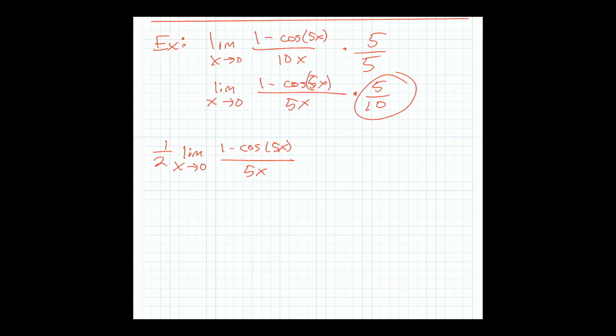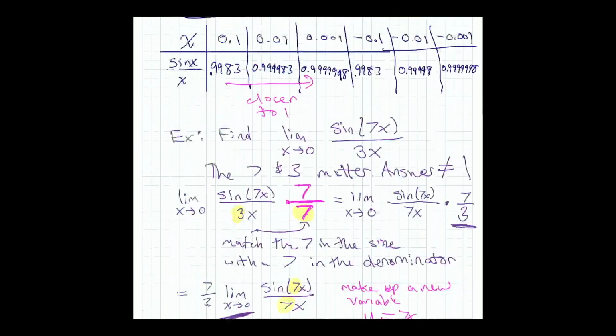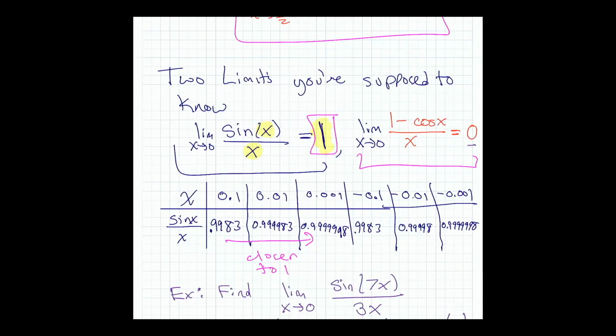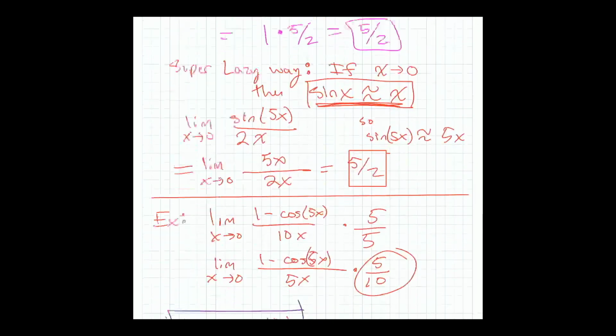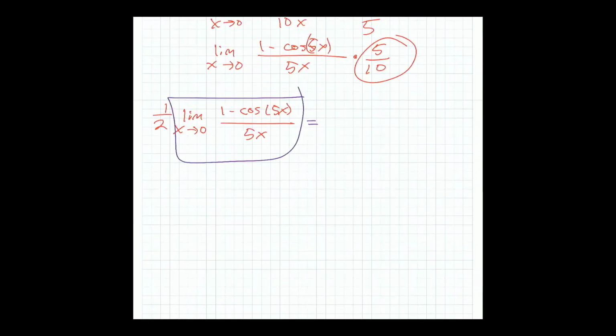All right. So what is this limit that you're supposed to know? Well, it's up here. 0, right? You're memorizing that that one is 0. And just like for sines, in order for that to work, it needs to be 5x, 5x. They need to match. All right, so that's 0. So it's 1/2 times 0, which is 0. Okay?